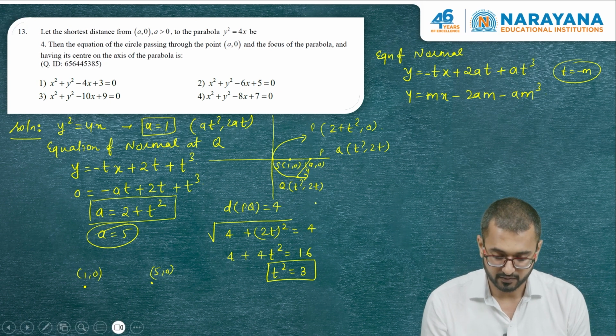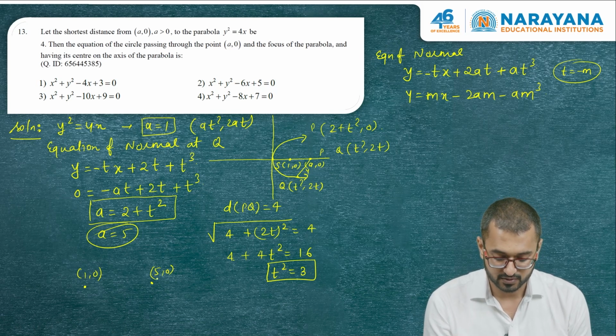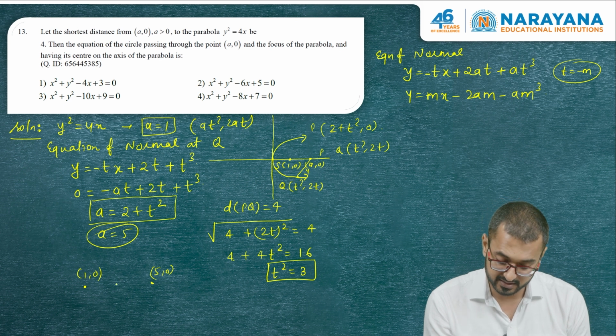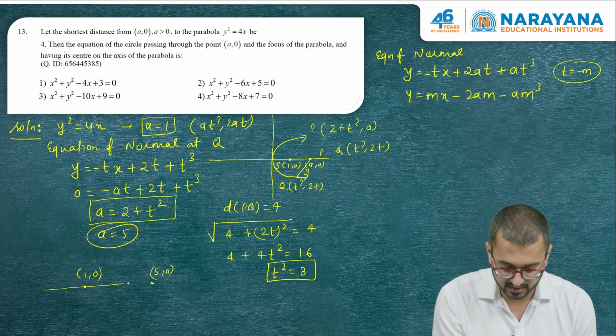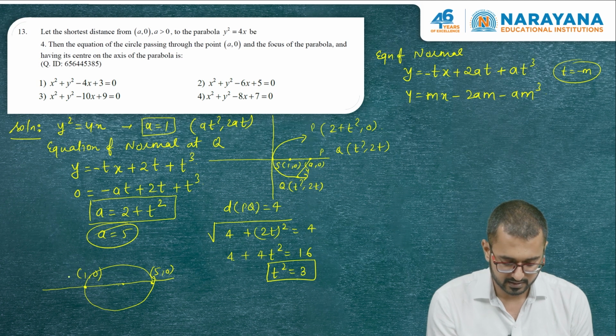And now we are looking for the circle which is passing through these 2 points, and its center is on the axis of parabola, right? It is passing through these 2 points, and the center is itself on the axis of parabola, somewhere like this. So that means these 2 must be the end points of my diameter. Say this is one end point, this is another end point.